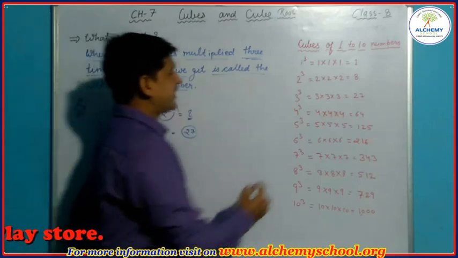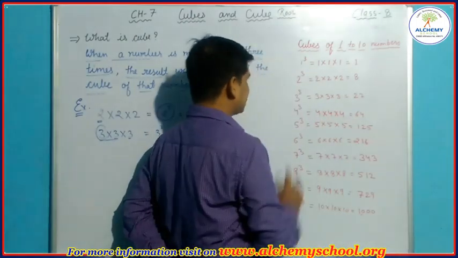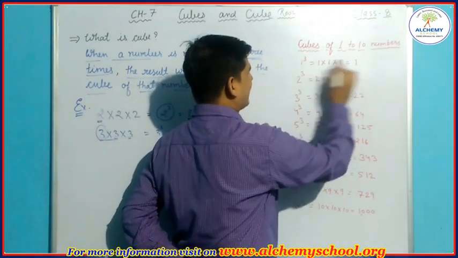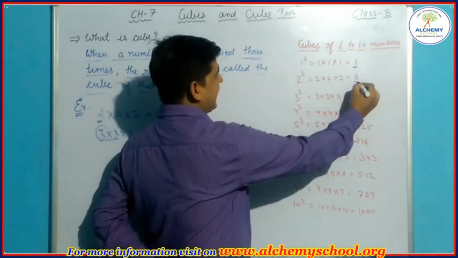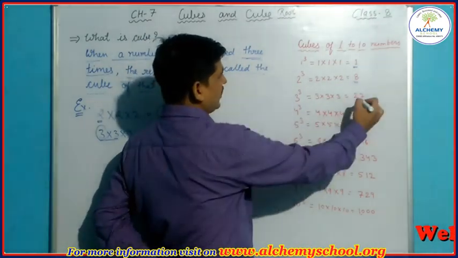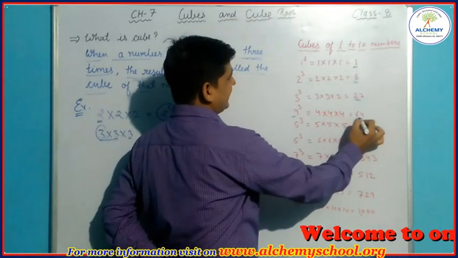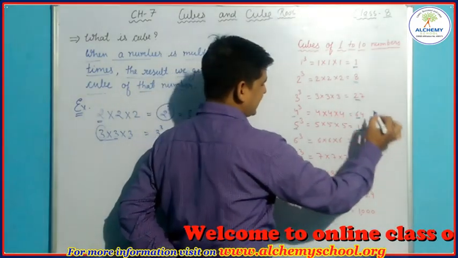The same way, you can see here I have taken the cube value of certain numbers. I have taken the cube of 1. So the cube of 1 will be 1. The cube of 2 will be 8. The cube of 3 will be 27. The cube of 4 will be 64. The cube of 5 will be 125.